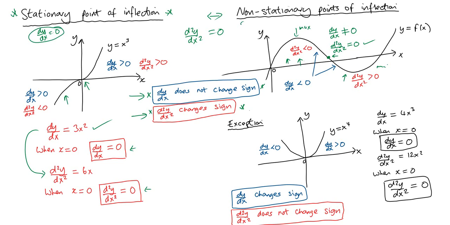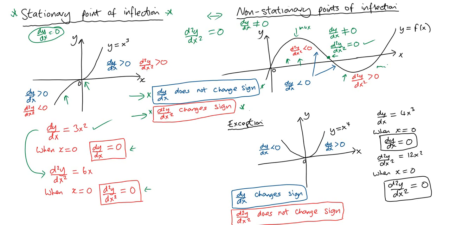For a non-stationary one, dy by dx is not equal to 0. But in both cases, dy by dx does not change sign, but d2y by dx squared changes sign. This is important when answering questions. In the next video I'll be looking at answering questions, and this summarizes everything you need to know.